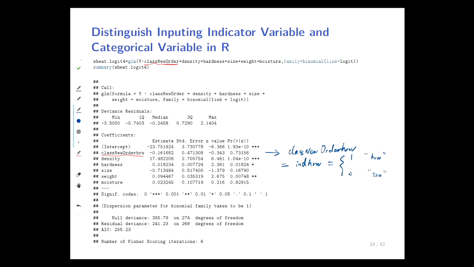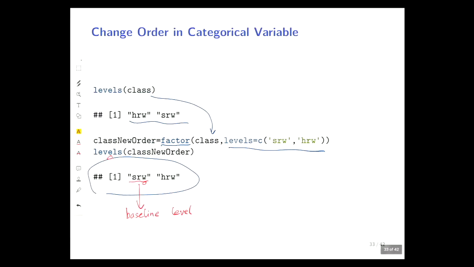So R automatically transformed this new order class variable into an indicator variable with the baseline level as SRW. It's exactly the first element of the output of the levels function.